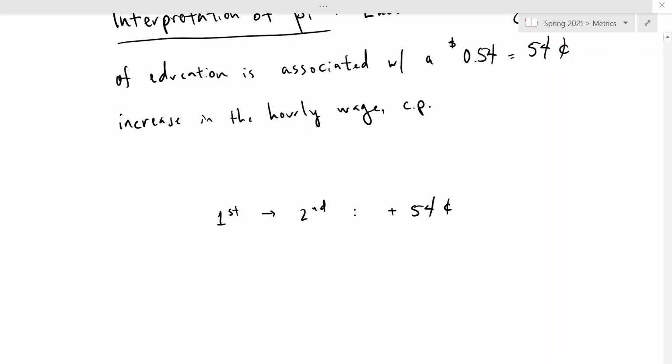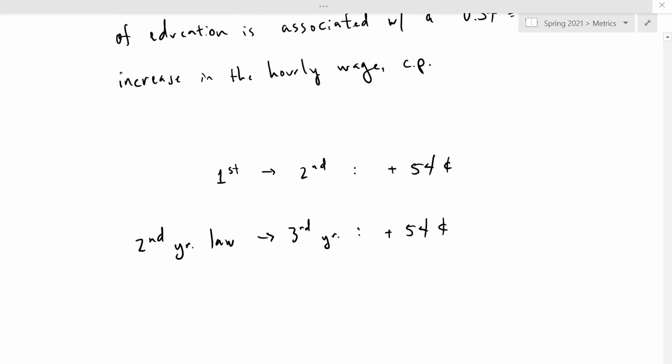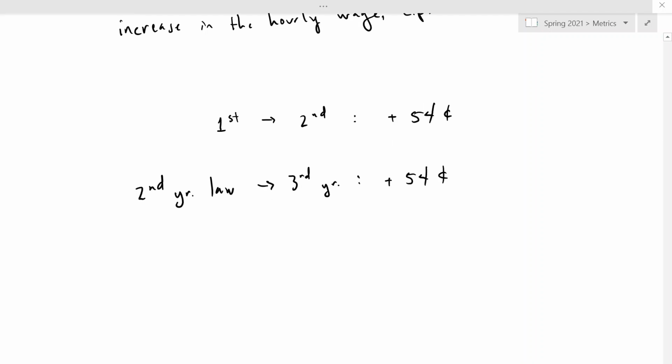But this model assumes the same thing if you're going from your second year of law school to your third. It's a plus one. Both of these are plus 1 year of education. So going from your second to third year, your last year of law school, you're going to add 54 cents to your hourly wage. And so this is where the problem may be.